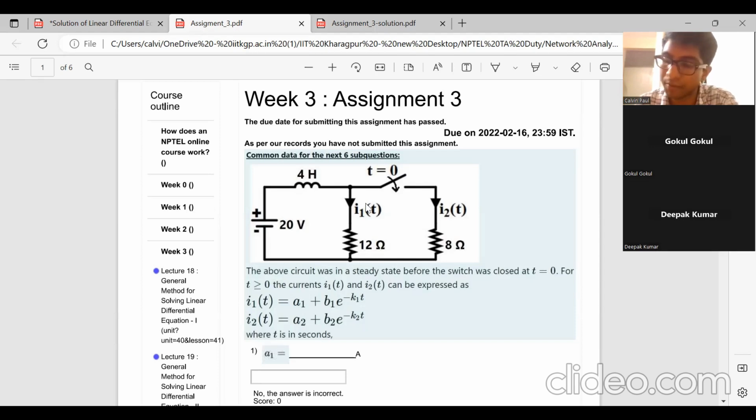You must also go through previous year's question papers. When you do, you get a rough idea of which topics they give more importance to. Network analysis is an important subject, so you give it more preference.